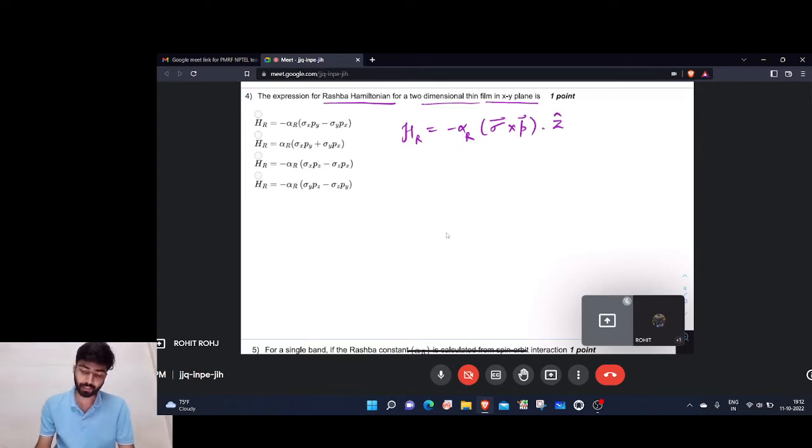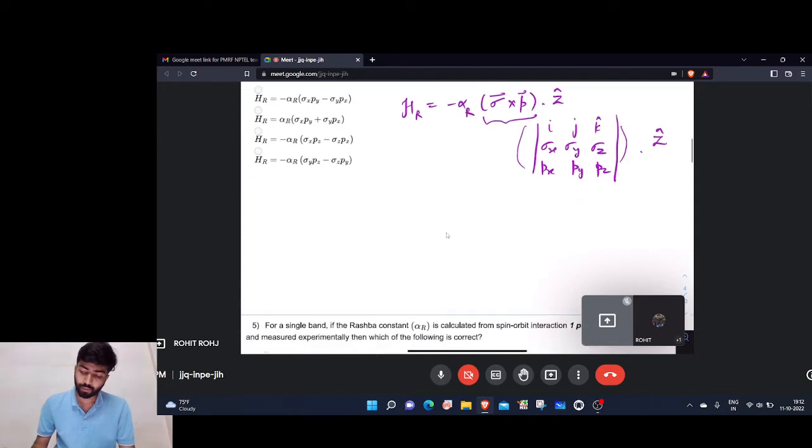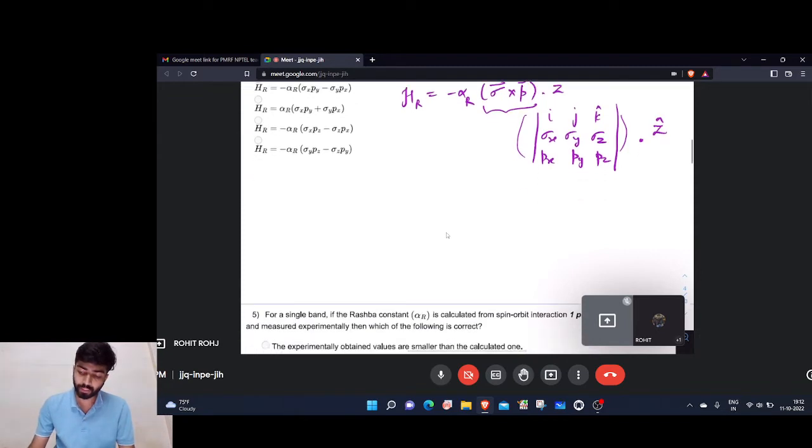Now the cross product of sigma cross P can be written as the determinant of sigma x, sigma y, sigma z over px, py, pz. This cross product is taken as a dot product with z cap. When we take the dot product with z, the other x and y components are 0, so only the z component will survive.